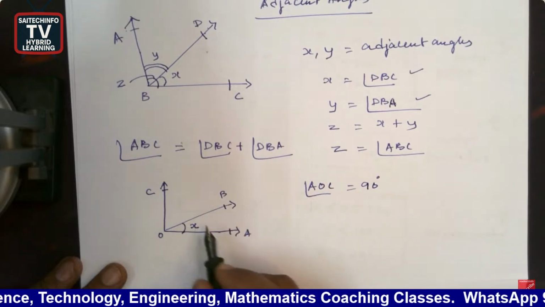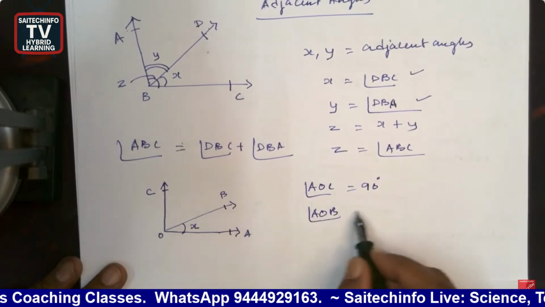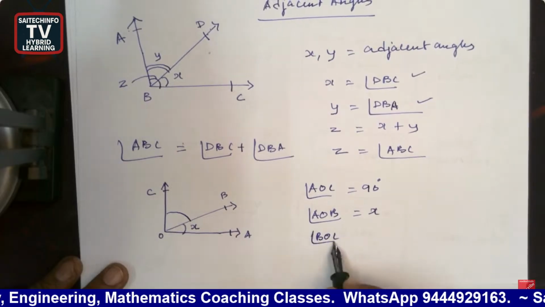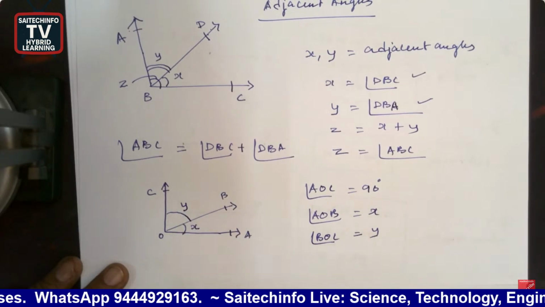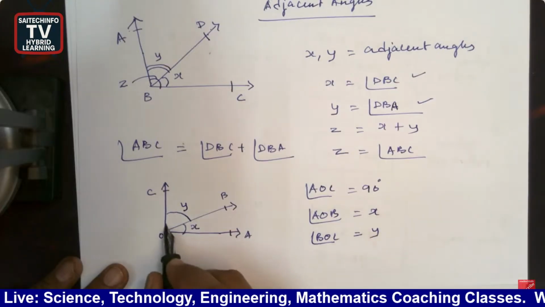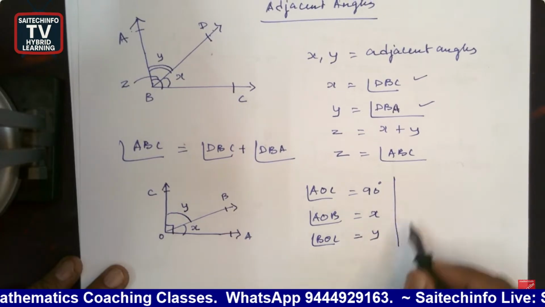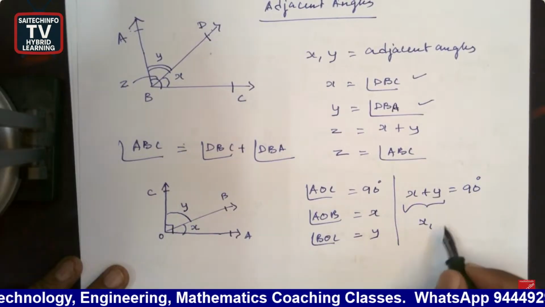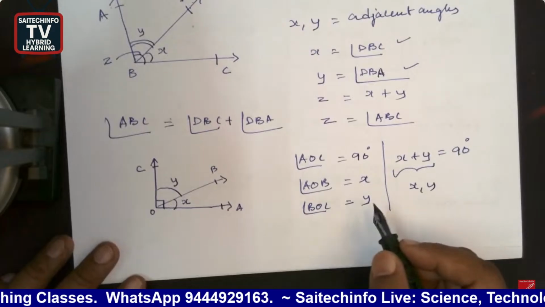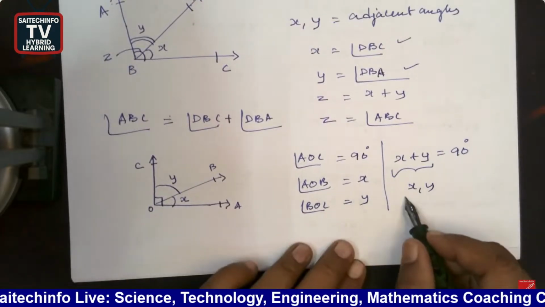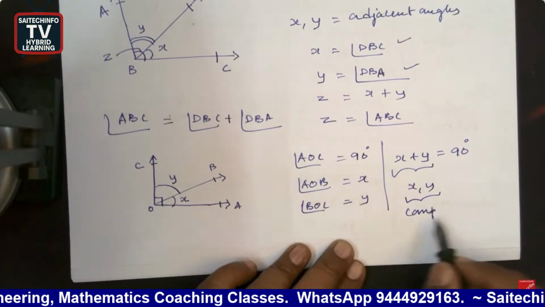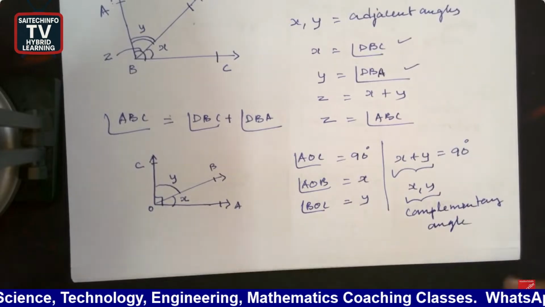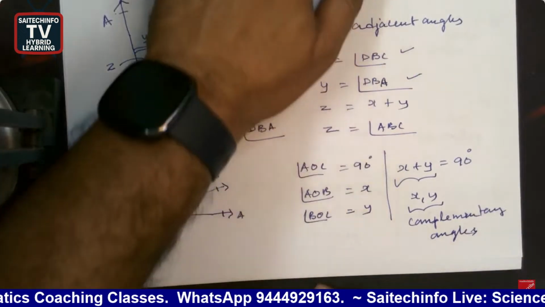Let us call it X. So AOB is X degrees, and BOC is Y degrees. Okay. Now adding this, you are getting 90 degrees. It means X plus Y is equal to 90 degrees. Such types of angles, that is X and Y, are called complementary angles. By combining these, you are able to get 90 degrees. Are you able to follow? So if you come across such types of angles, you can find that the sum of their angles will be 90 degrees.